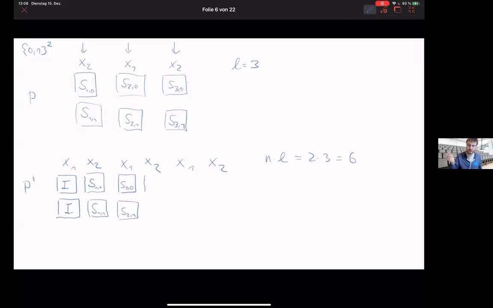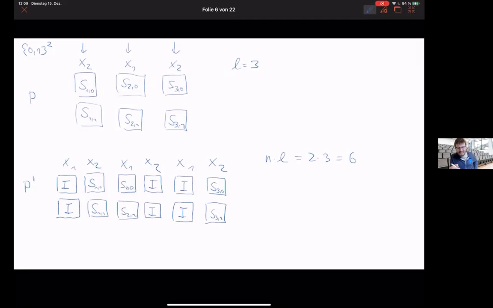Here, x2 is not supposed to be read in the second step, so I'm also introducing a dummy operation here, the identity. Further, here x1 is not supposed to be read in the third step, so I'm also going to introduce a dummy operation here. And finally S30 and S31.